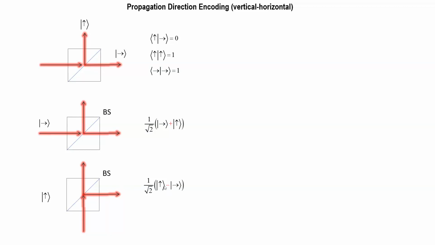However, in this case, I must put this minus before the second amplitude, which has two reasons, physical and mathematical. The mathematical reason is that this beam splitter, as a Hadamard gate, must be a unitary operator, right?